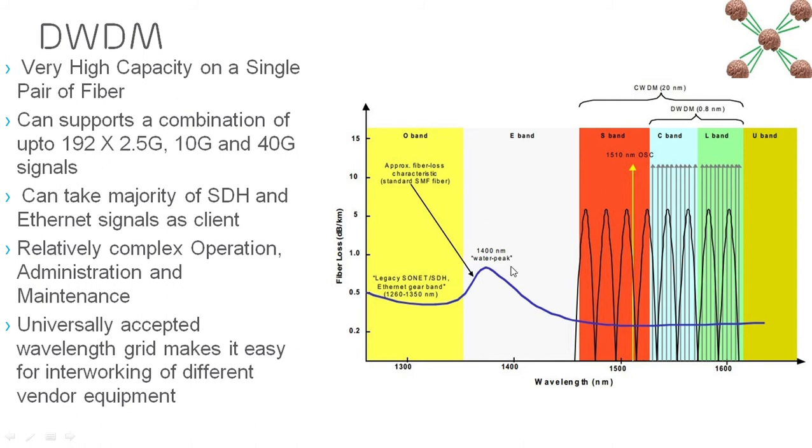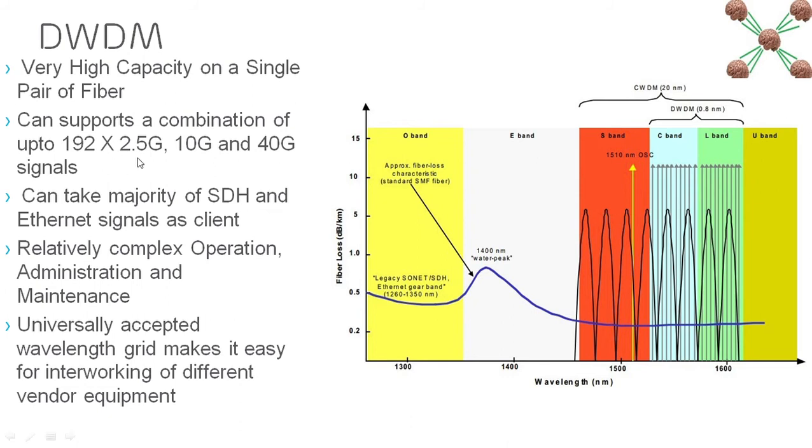In these networks, the wavelength that we have is divided into very small channels, and each channel can carry a payload of 2.5, 10, 40, or even 100 or 400 gig.